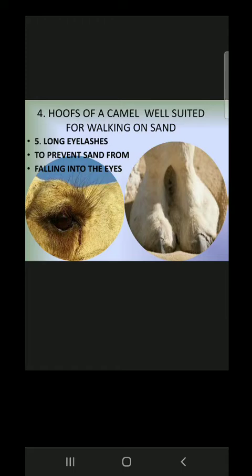So that's why a camel can go long without water. Next is the hoof of the camel, well suited for walking on sand. Long eyelashes are present. Look at this picture. They protect its eyes from the sand. That's why the camel needs the long eyelashes.